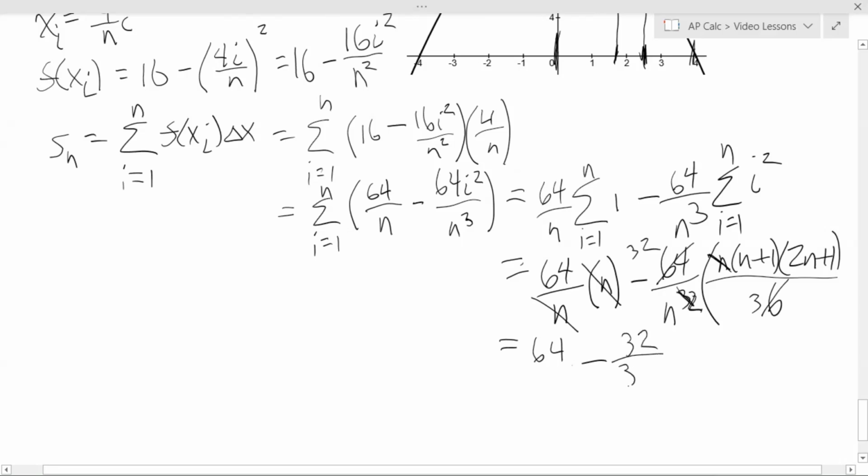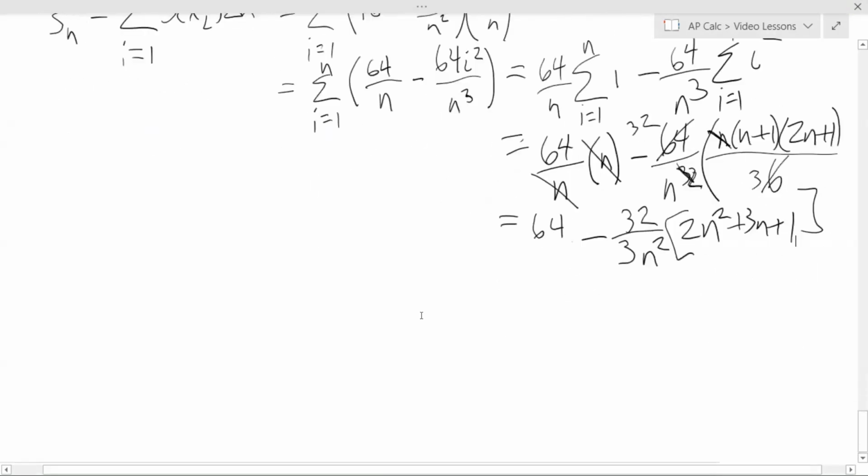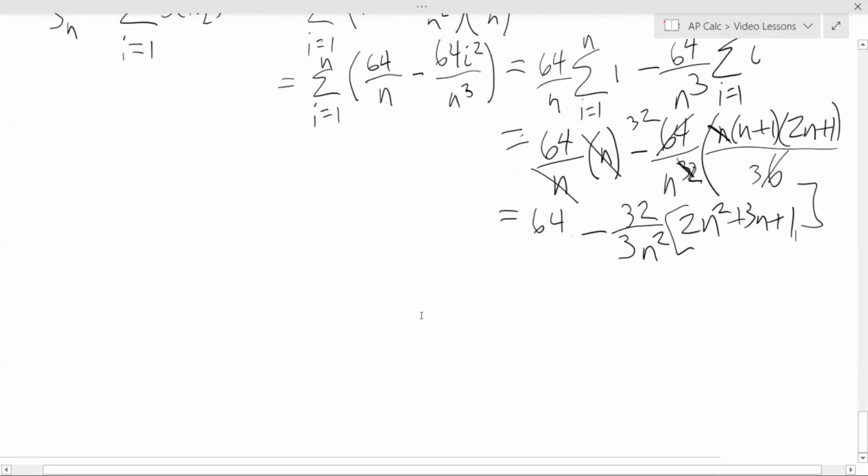So this is going to be 32 over 3n squared times, now if I FOIL the n plus 1 times 2n plus 1, you're going to get 2n squared plus 3n plus 1. Okay. Now, you don't have to go too much farther because we're eventually going to take the limit, but we want to simplify enough so that we can cancel all the n's that we can.